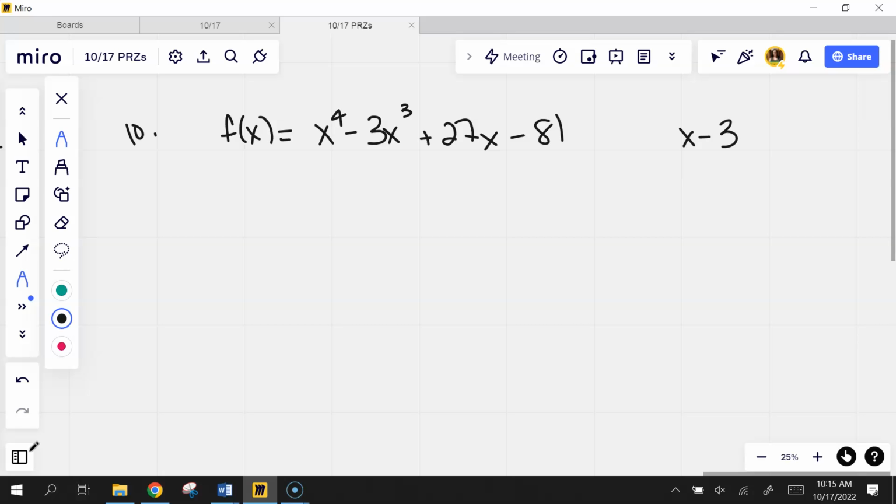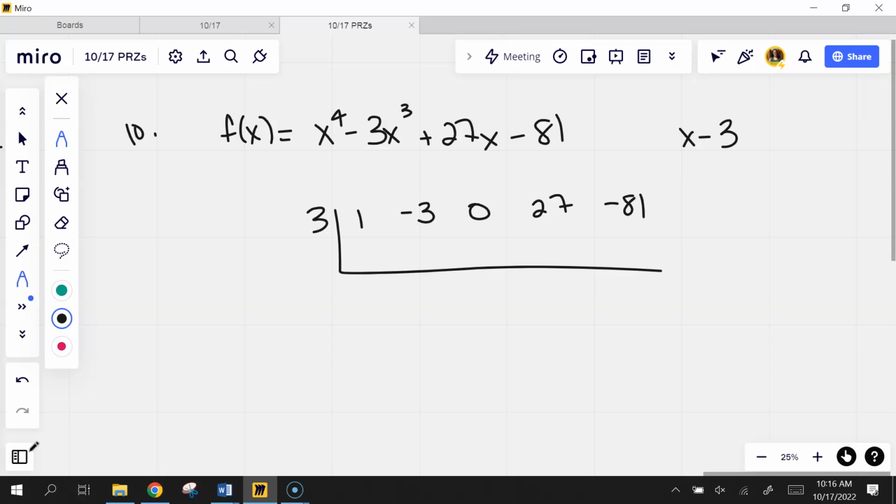So to factor completely, I'm first going to divide by the factor given, right? So what goes outside? 3. Inside, give me my setup. 1, 3 plus 0. Ooh, there you go. 0, 27.